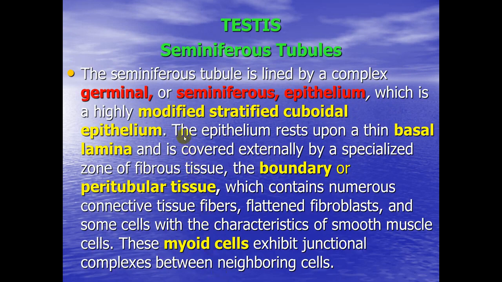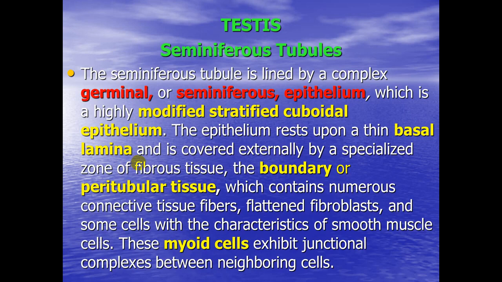So, the wall of each seminiferous tubule is lined by the germinal or seminiferous epithelium. It is a modified, striated, cuboidal epithelium. Like other types of epithelium, this epithelium also has a thin basal lamina.